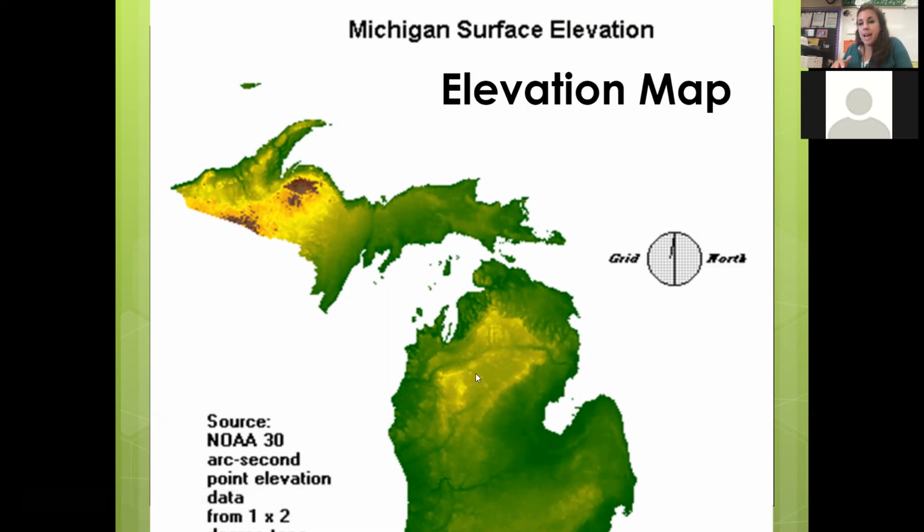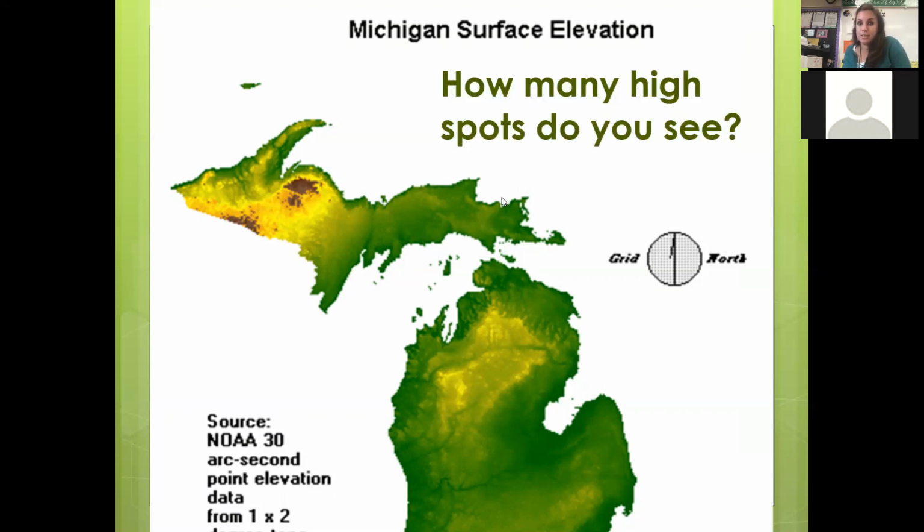It's not flat, but it's not super, super tall. We don't get to very, very tall land until we get into the Upper Peninsula. This is where we see our mountain ranges, groups of mountains. So we have no mountains in the Lower Peninsula, and we do have some mountains in the Upper Peninsula.